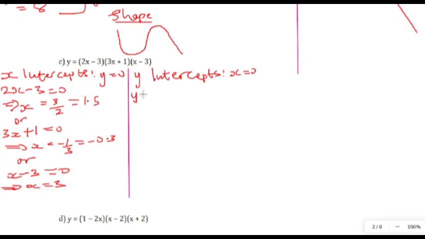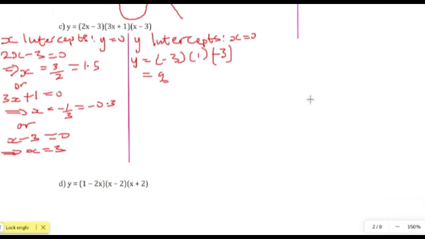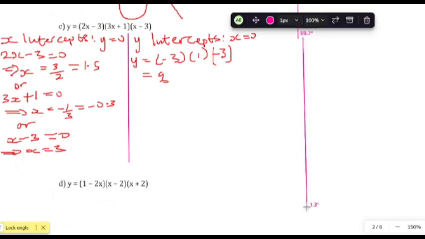This gives us y will now become minus 3, 1, then you have minus 3. Okay, so basically y is equals to 9. So we can sketch like before. Come here, we have this.